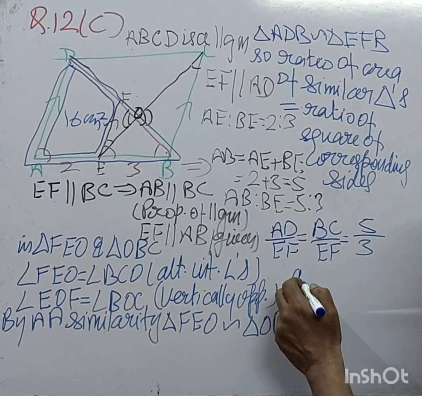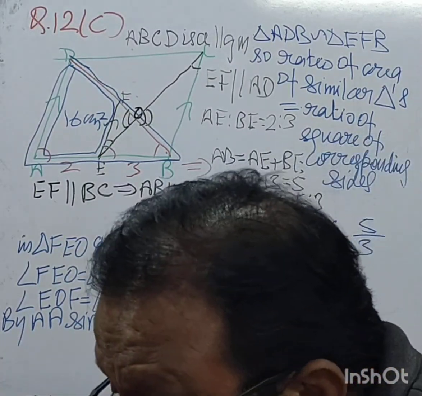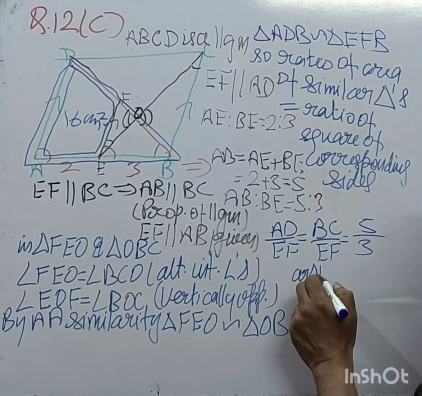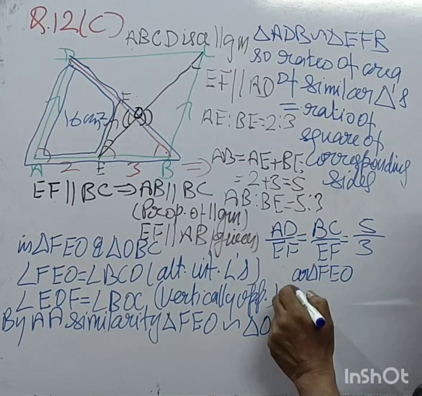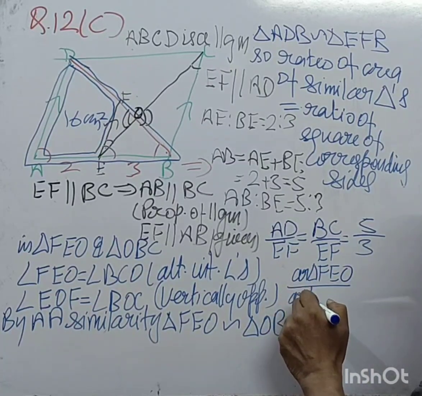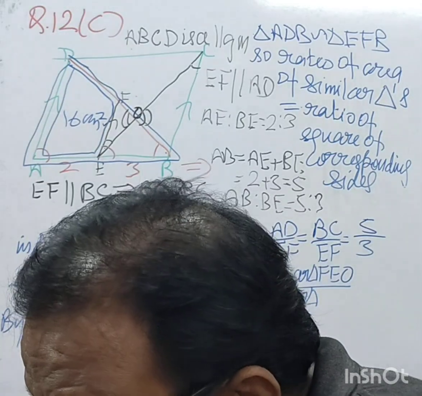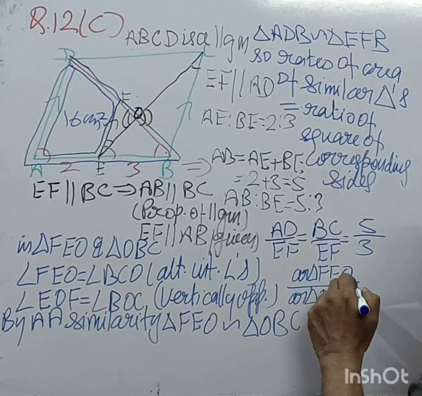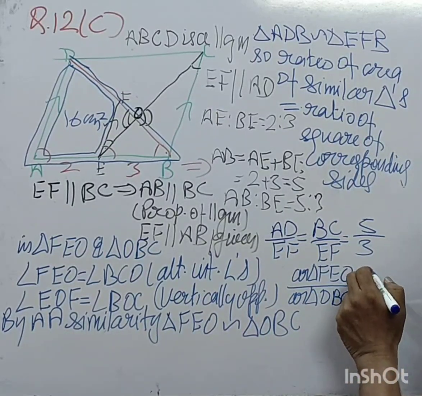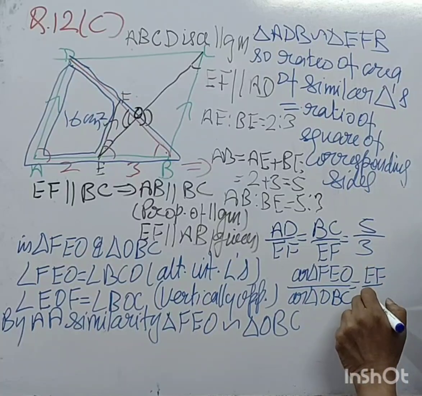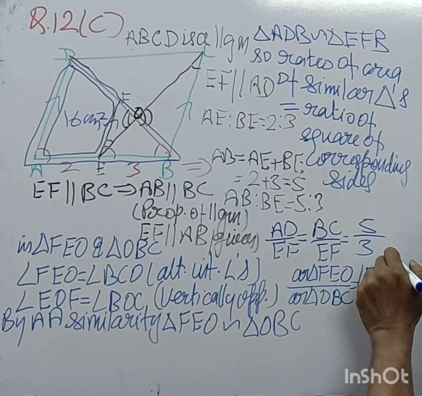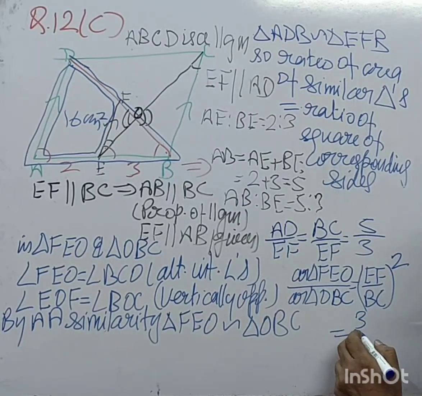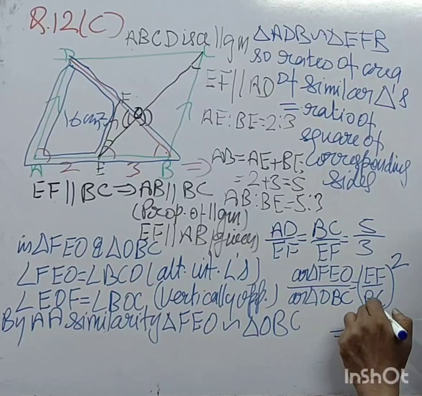So area triangle FEO upon area triangle OBC is equal to EF upon BC whole square. So it becomes 3/5 whole square.